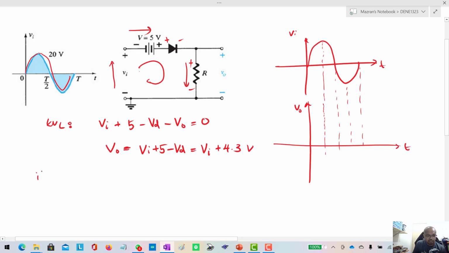If V in equals 0, which means here at the 0 point, what is V out? We use that equation: V out equals V in plus 4.3 volts.